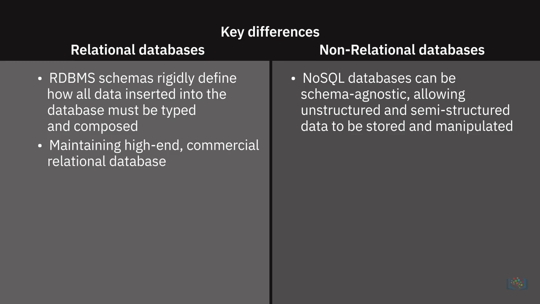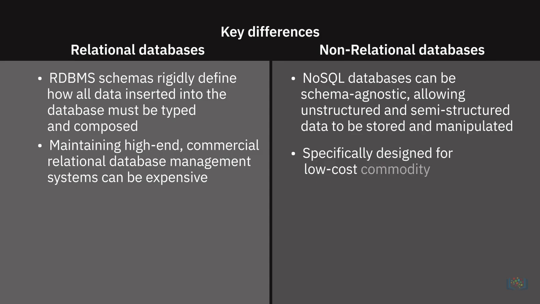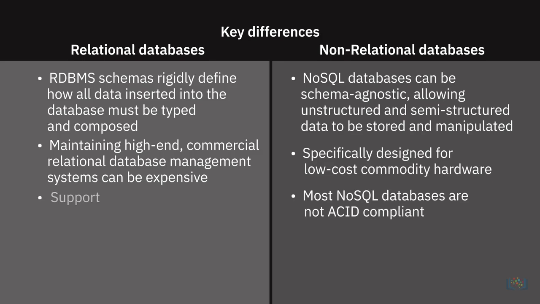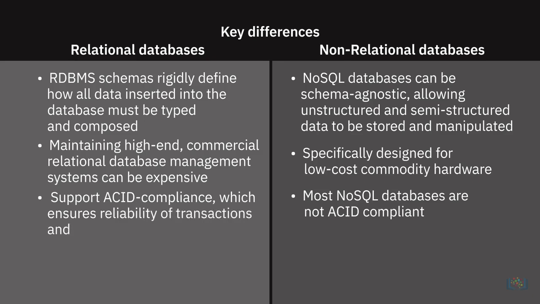Maintaining high-end commercial relational database management systems is expensive, whereas NoSQL databases are specifically designed for low-cost commodity hardware. Relational databases, unlike most NoSQL, support ACID compliance, which ensures reliability of transactions and crash recovery.